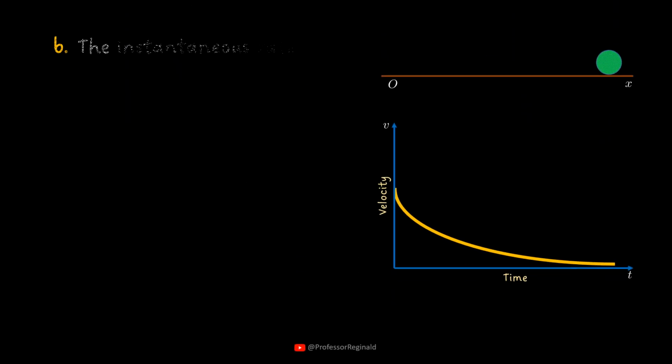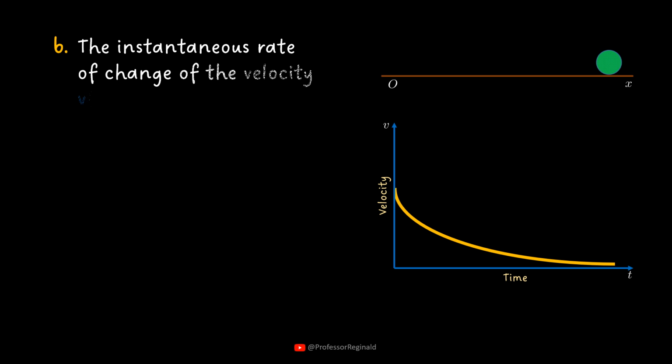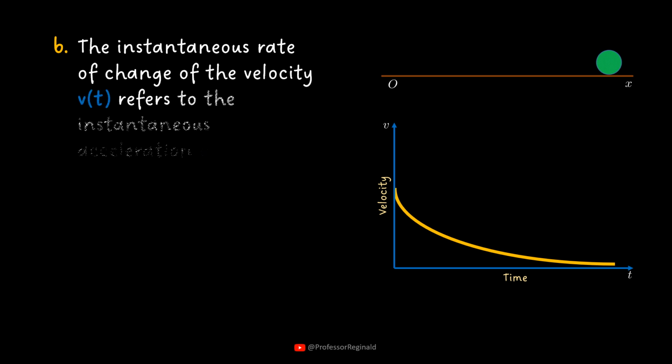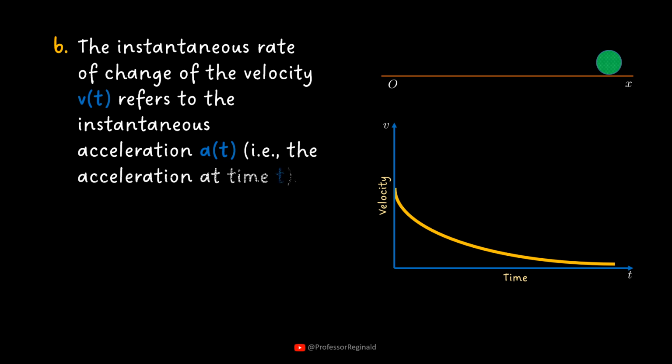B. The instantaneous rate of change of the velocity v of t refers to the instantaneous acceleration a of t, in other words, the acceleration at time t. Write it as a derivative.